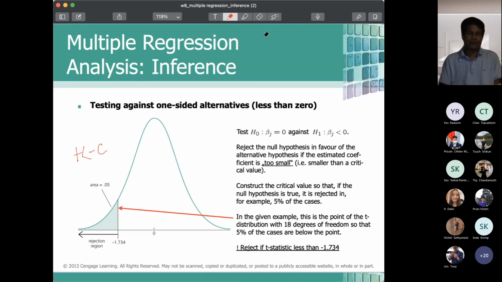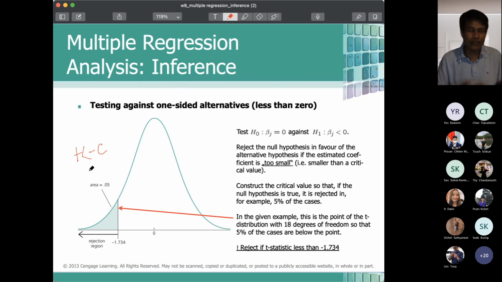What if you have an alternative hypothesis that is negative, right? The rule is the same, but the decision making now depends on this.